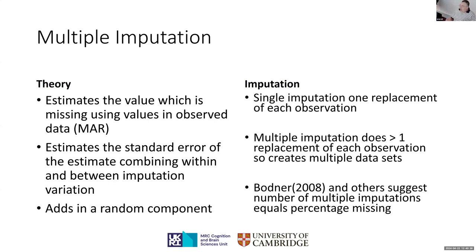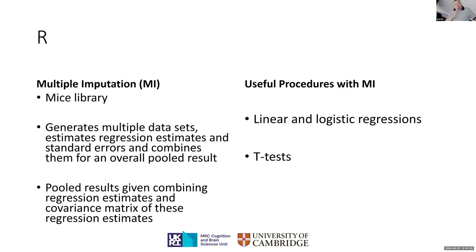But in more recent times, it has been suggested that you actually need more than the percentage missing if you've got large amounts of missing data, and again, what is large? But in the algorithm, you can just put in how many imputations you want and how many different data sets you want to generate. So that's that.